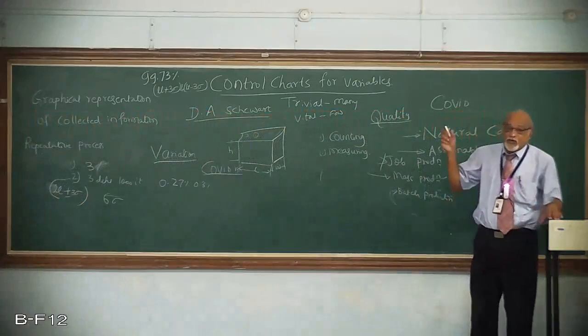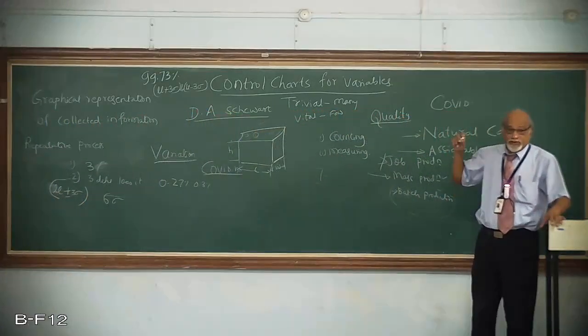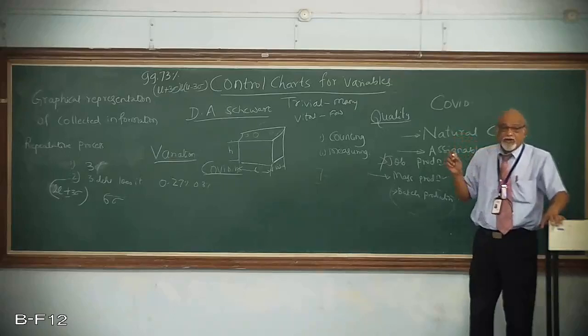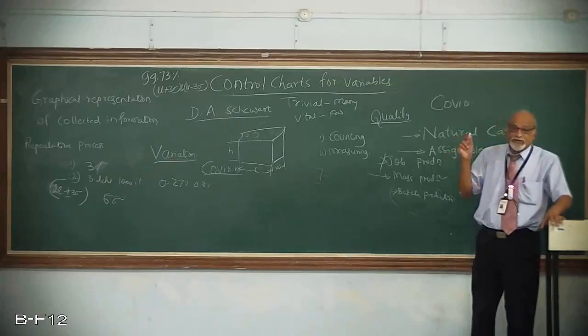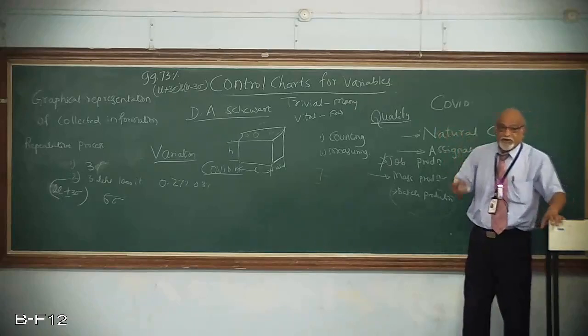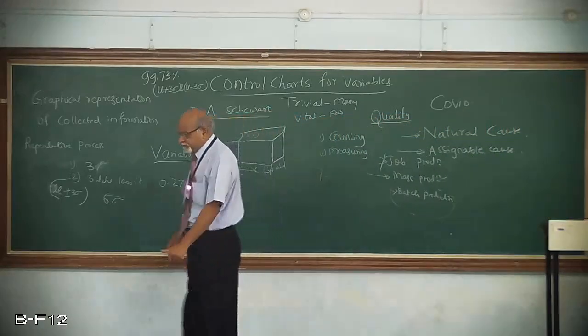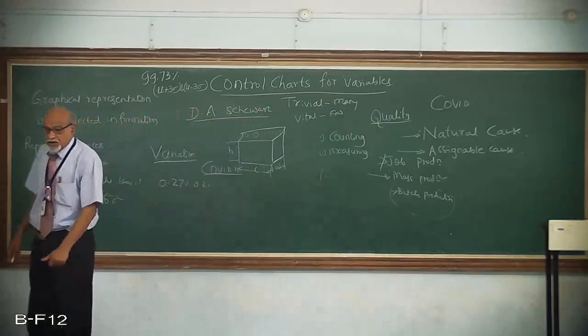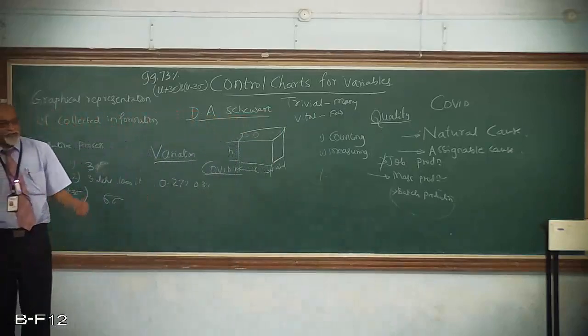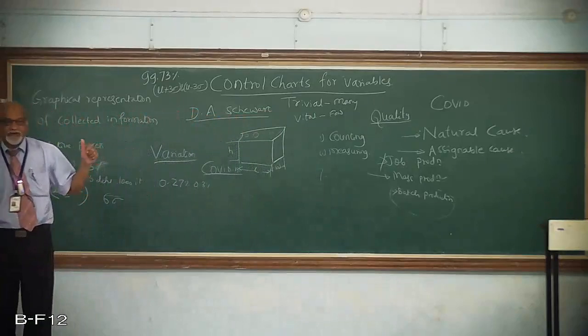Then I need to draw the line between these two. Is it natural or is it due to some other assignable cause? If so, is there any magic wand which can tell me, yes, you are going to produce more defective items?